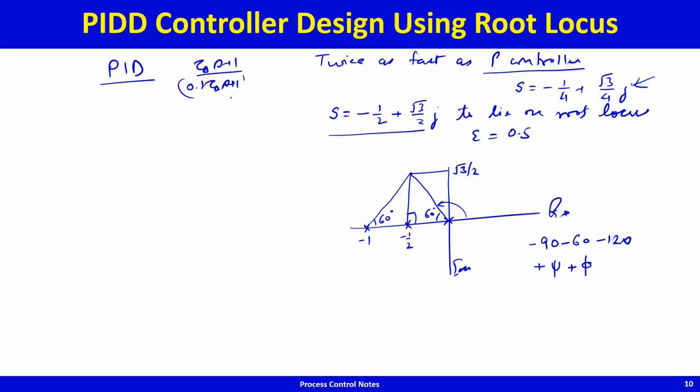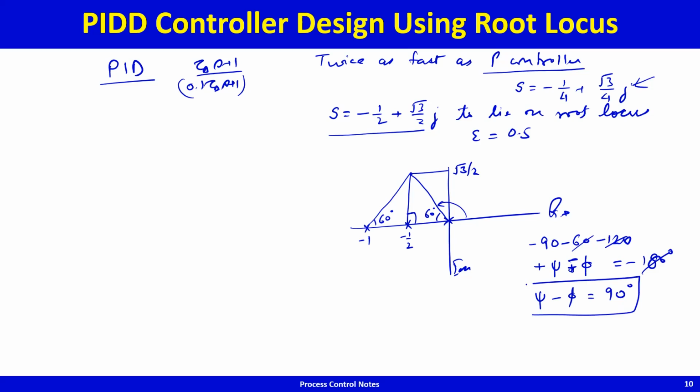So the pole that I get will be s equal to minus 10 by tau d, so that is 10 times as far away as the 0 corresponding to s equal to minus 1 by tau d. This should be minus 180 degrees. This is anyway minus 180 degrees, so that cancels. So what we have is psi minus phi should be equal to 90 degrees.